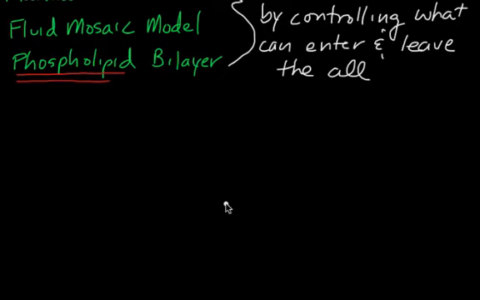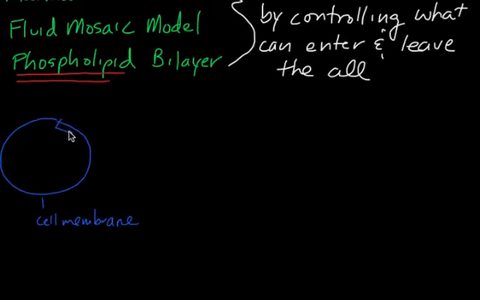Now we're going to take this one structure, this one phospholipid, and we're going to show you how it makes up the entire structure of a cell membrane. So in order to do that, I'm going to go ahead and draw a circle. When I draw that circle, this circle represents my cell membrane. So this is my cell membrane, and obviously it surrounds the entire cell. Well, if I were to zoom in on just a cross section, what we'll notice is that it's not actually one line.